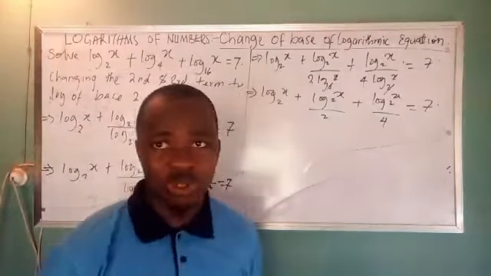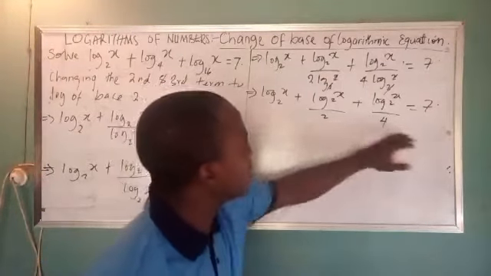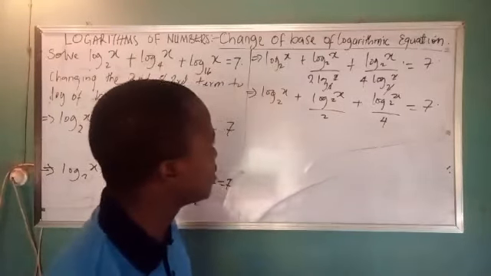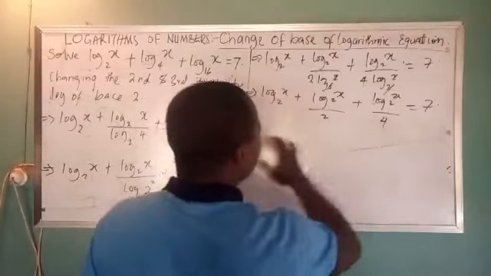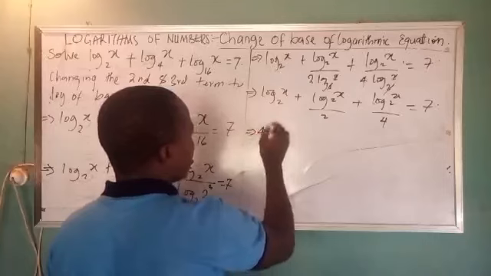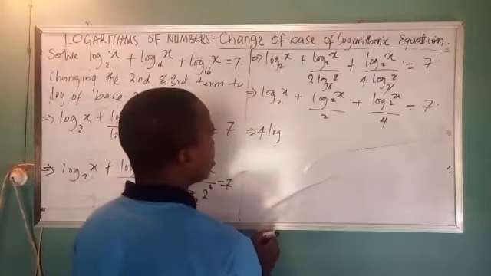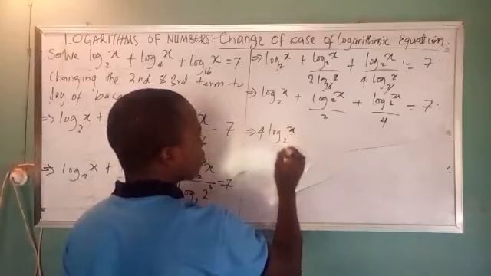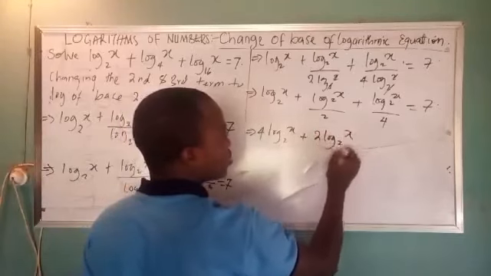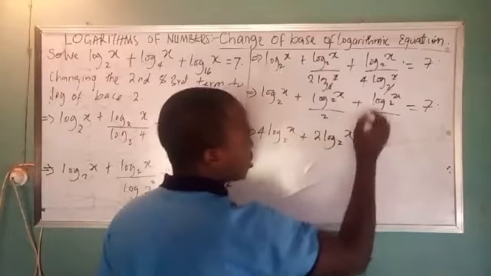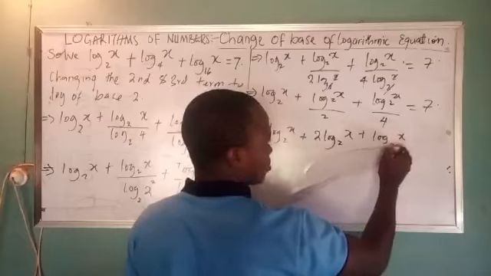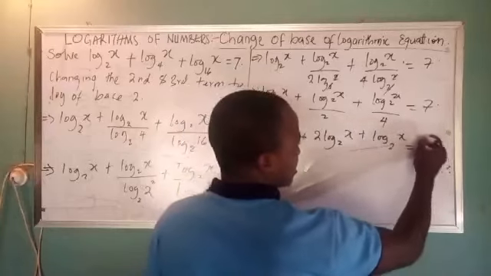So the next thing to do here is to multiply through by the LCM of 2 and 4. The LCM of 2 and 4 is 4. Definitely multiplying through by 4. So we have 4 log x base 2 plus 2 log x base 2 plus log x base 2 equals 7 times 4.